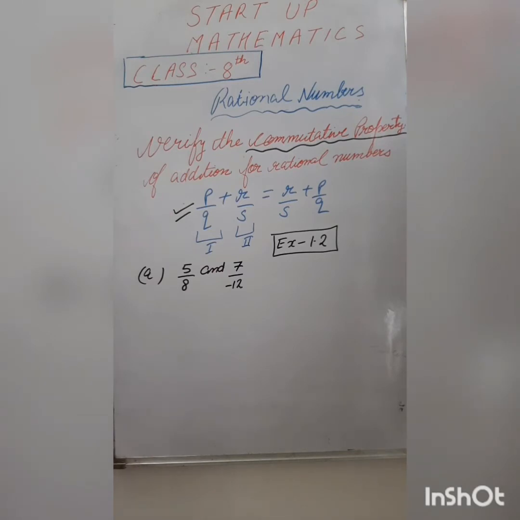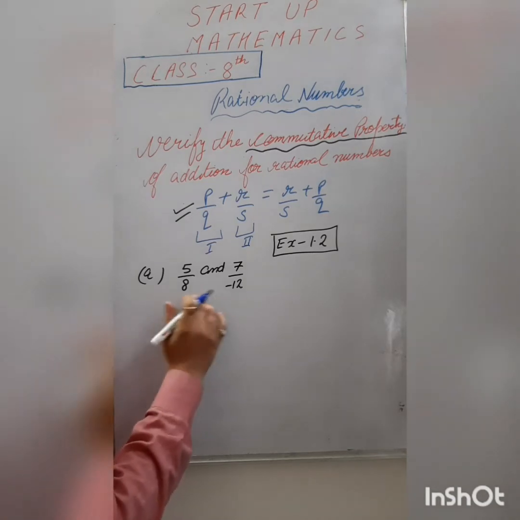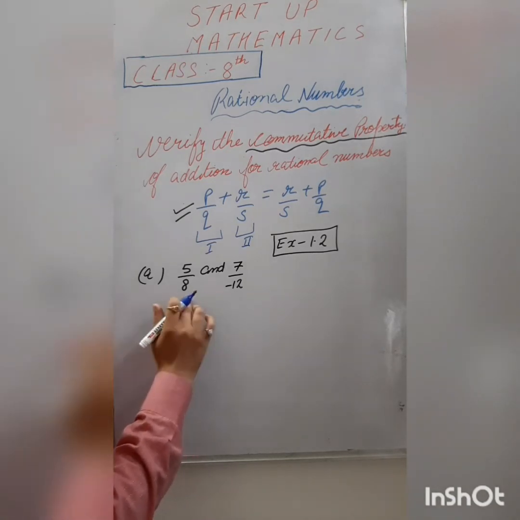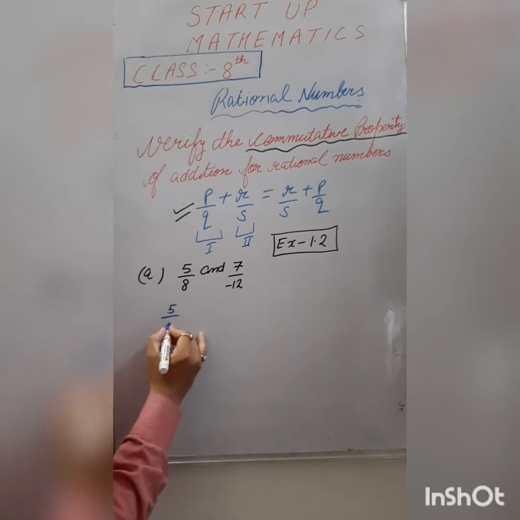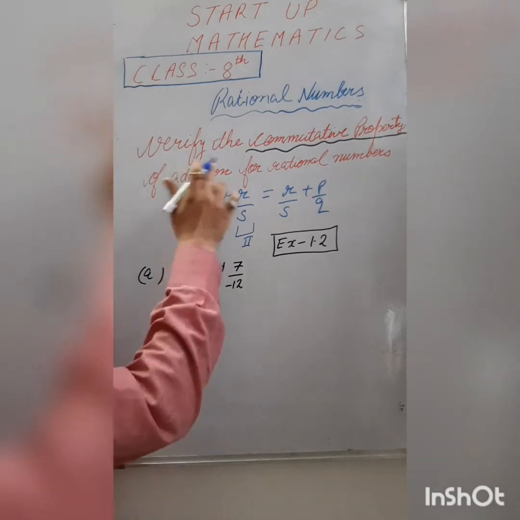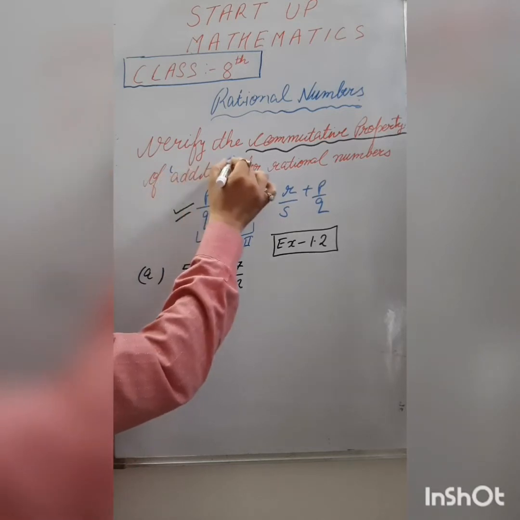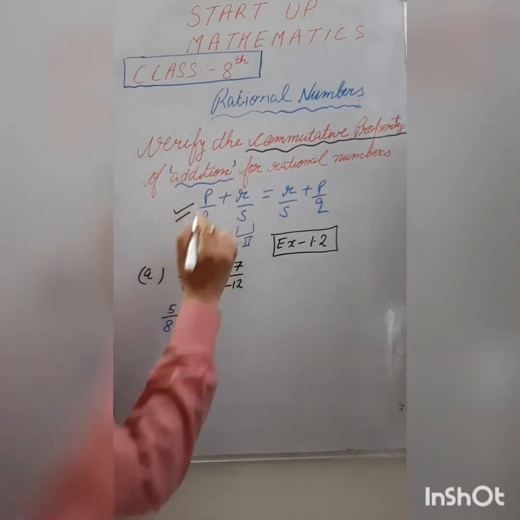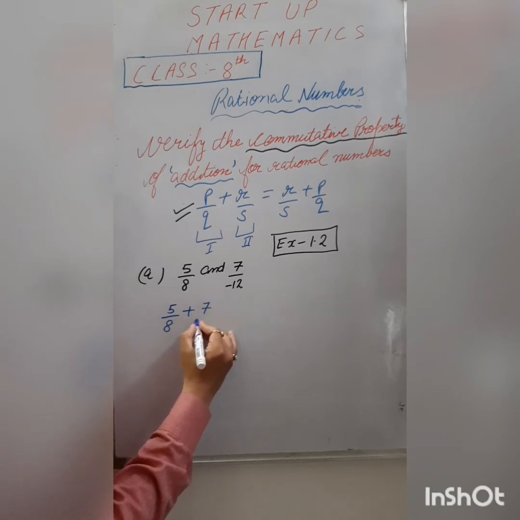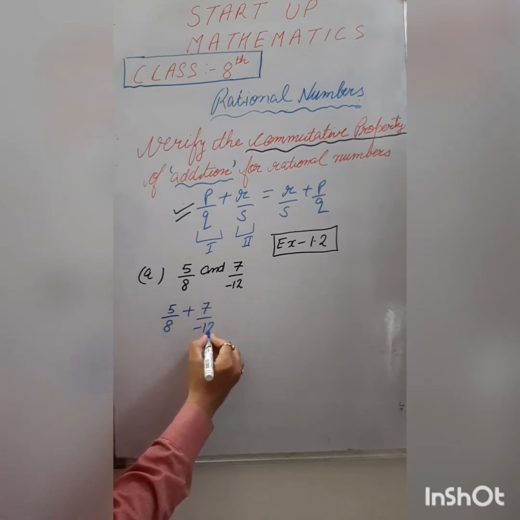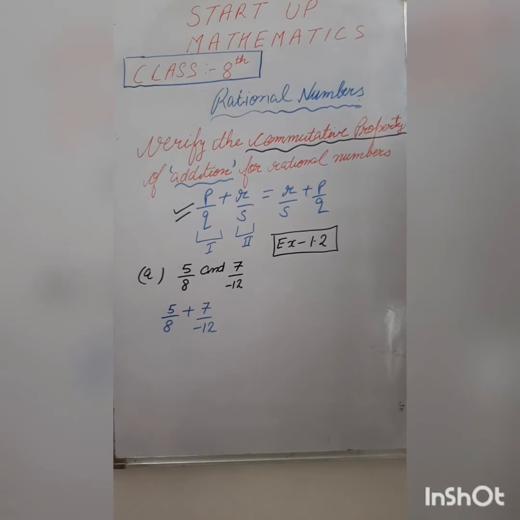So how to verify it? Firstly, take this order, 5/8 plus 7/-12, because we are verifying this property for addition. Firstly take this sum.